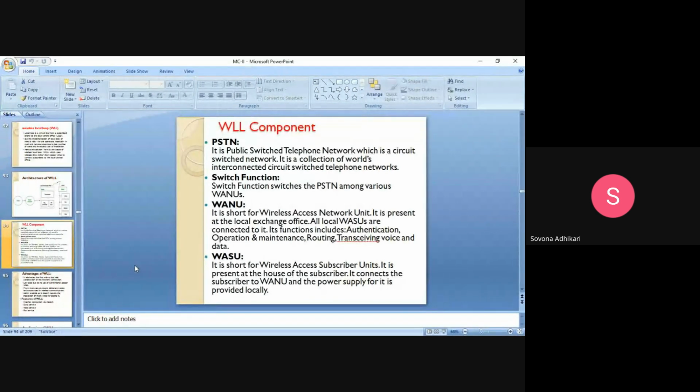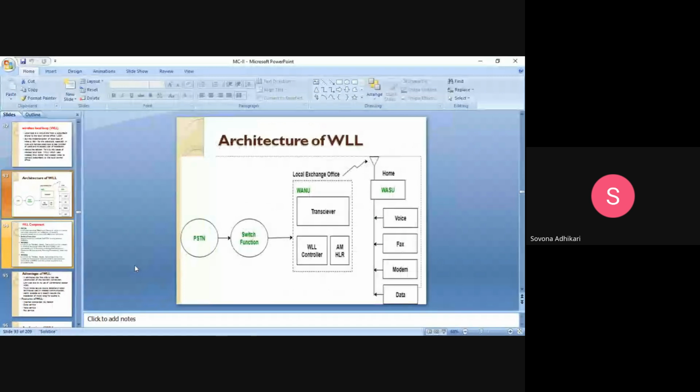All the local WSUs are connected to it. So WANU is present in the local exchange office, you see the previous slide. Through the switch function, it is connected to PSTN, and WANU is connected to WSU, which is at home.